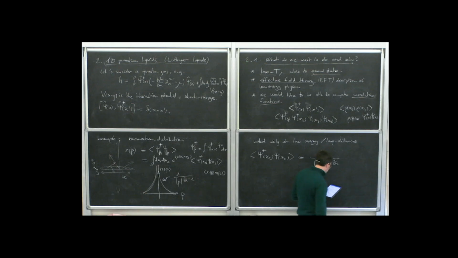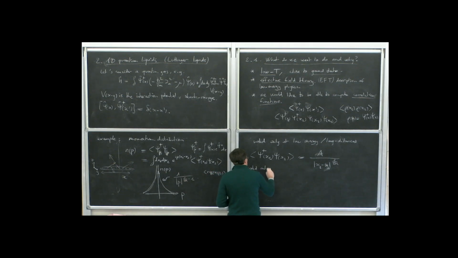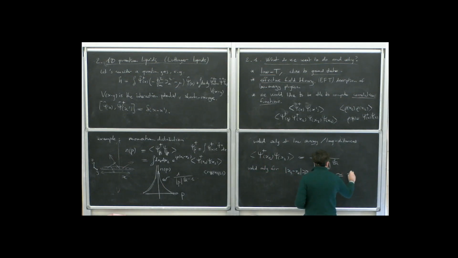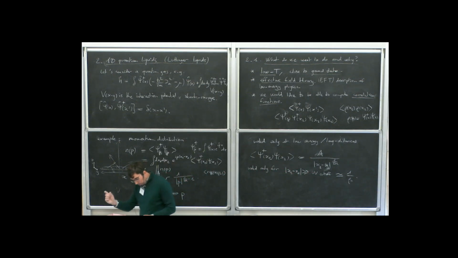Again, let me stress that when we write this kind of identities, this is valid only for x1 minus x2 much larger than the UV cutoff. One natural length scale to take as a UV cutoff would be 1 over the particle density, so the typical distance between two atoms.